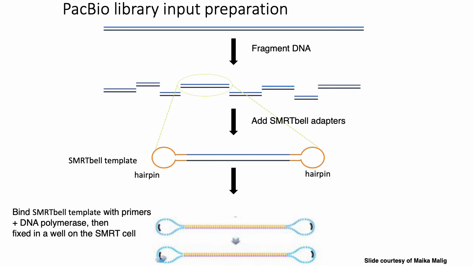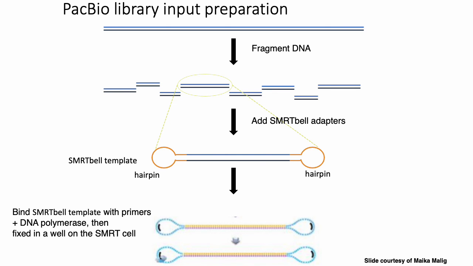Similar to the Illumina protocol, in the PacBio library prep step you take genomic DNA, fragment it into smaller fragments, and add adapter sequences on the ends to help with sequencing. Unlike Illumina, the adapter sequences are hairpin loops. In what's called the SmartBell template, you add hairpin loops to either end of a genomic fragment.